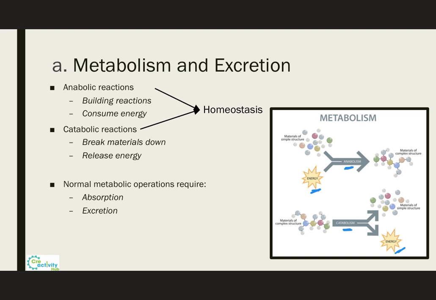Just by looking at this image, we can say that catabolism is the breakdown of complex molecules into simple ones, and anabolism does just the opposite. It synthesizes complex molecules from simple ones. Notice how the process of anabolism needs energy. You need energy to build complex structures.